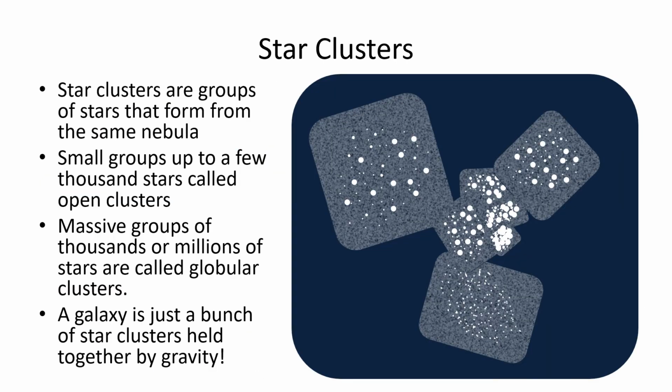Okay, now if you look out into our galaxy, what you see are groups of stars that originate from the same nebula. So a nebula can be massive and expansive and contain millions of stars, or they can be smaller and only have a few thousand. And so there's a couple terms that are used to distinguish those. The smaller ones are called open clusters, and the massive groups are called globular clusters.